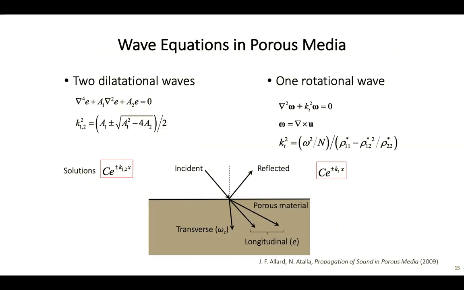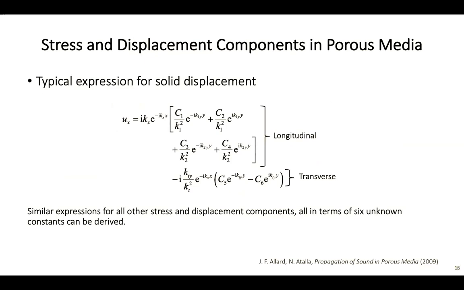The derivations of these equations can be found in the beautiful book Propagation of Sound in Porous Media written by Allard. Those wave equation solutions can be used to express the displacement field, the stress fields, and also the pressure fields in the liquid in terms of 6 unknown coefficients.